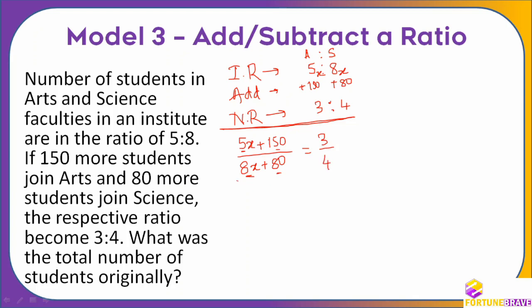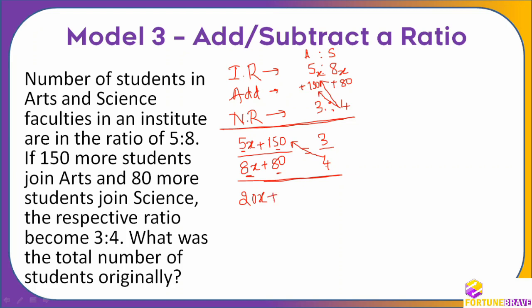Okay, now onwards you are going to observe this, because the numbers are same now. Now we can see here 4 into 5x we are going to do. So 4 into 5x is equal to how much? 20x, right? And see here 4 into 150 will do. So we will multiply this as well, right? 4 into 150.